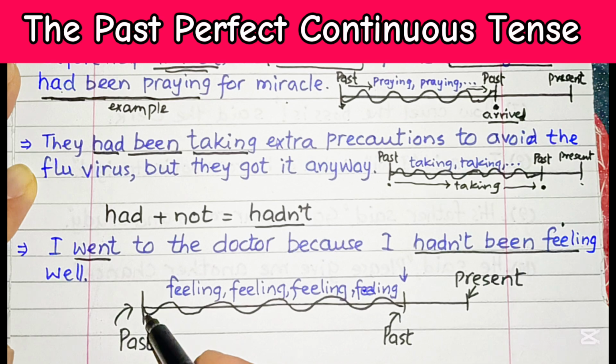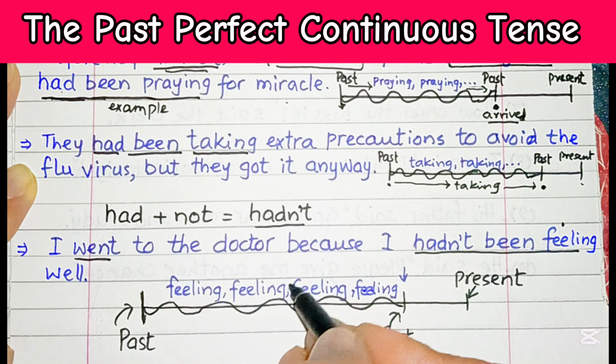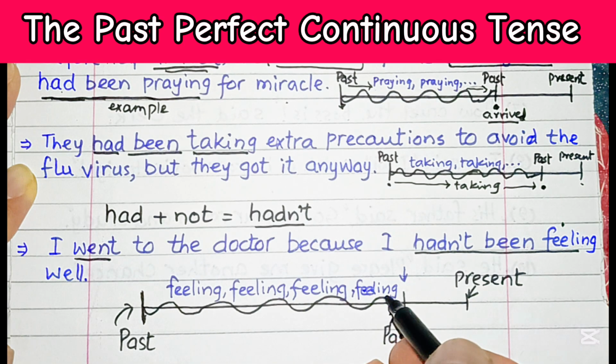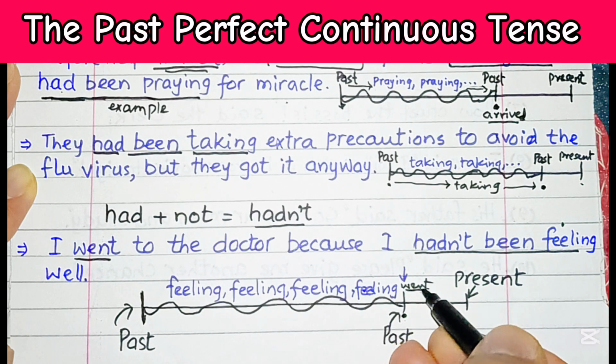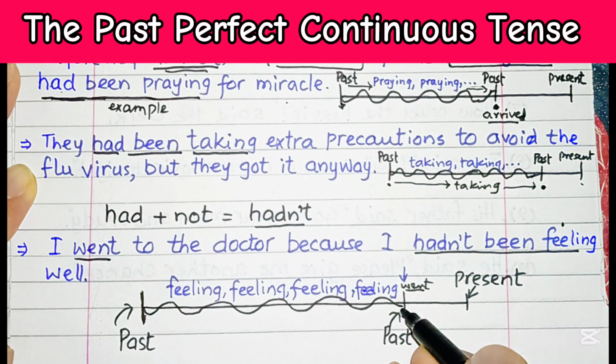Feeling means the action starts over here on the timeline, and I hadn't been feeling well. Then at this point in the past, I went to the doctor. So at this point, this happens, meaning I went to the doctor.